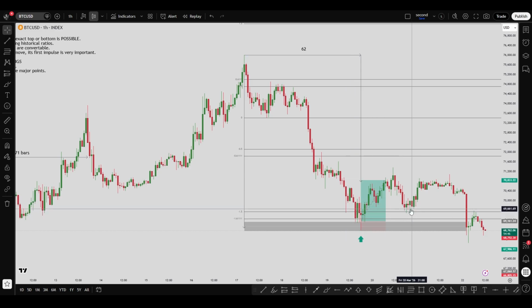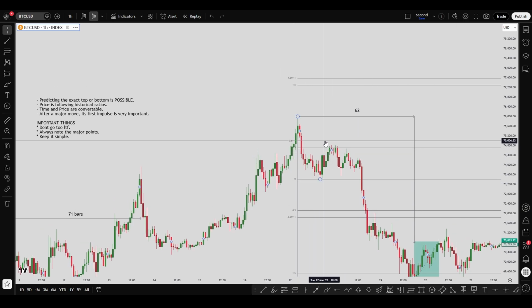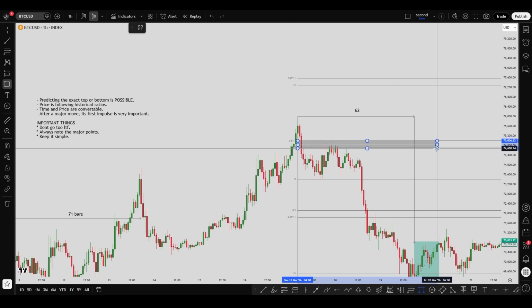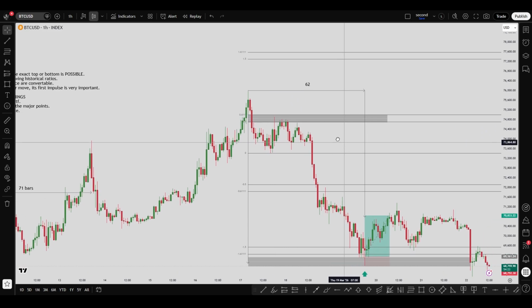As you can see, the next low actually made the low right here, and all of these are enough for you to take the long trade. As you can see, after the low, the 618 level, these are areas, by the way, where price tends to turn. Price actually made its high there, so this was a short trade also. Isn't that crazy?